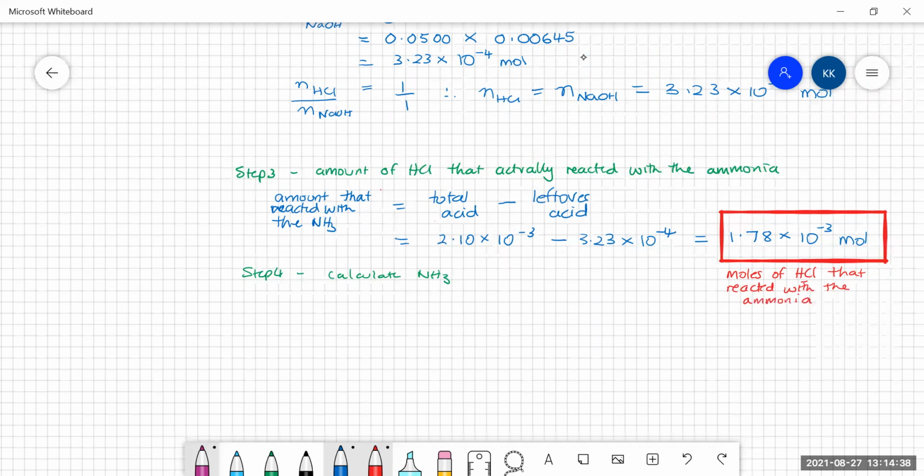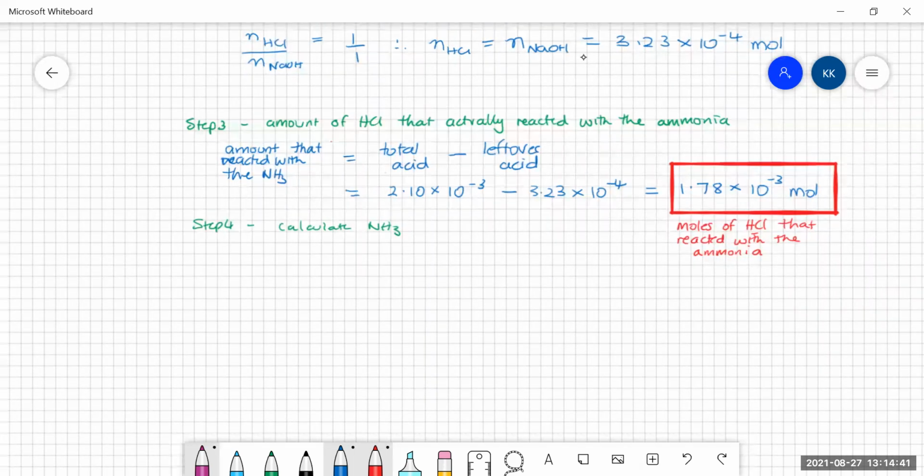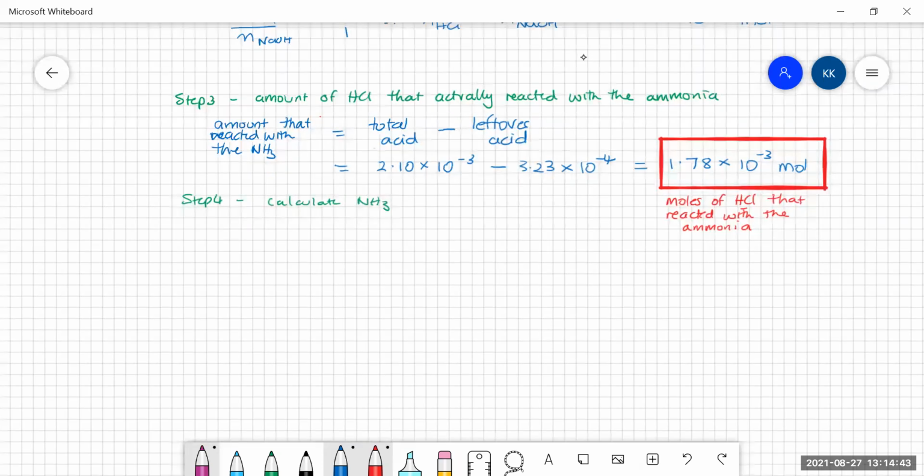So we have a start point to do some stoichiometry. Of course, for stoichiometry, we're going to need a balanced equation. Now, this is a balanced equation that students tend to find really quite difficult for some reason. I think we're not used to seeing ammonia as a base. So ammonia solution is going to be reacting with hydrochloric acid solution.